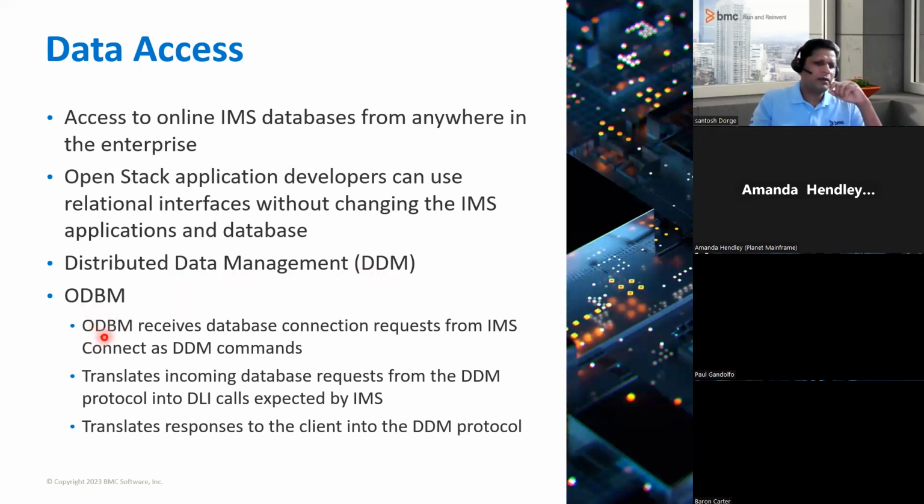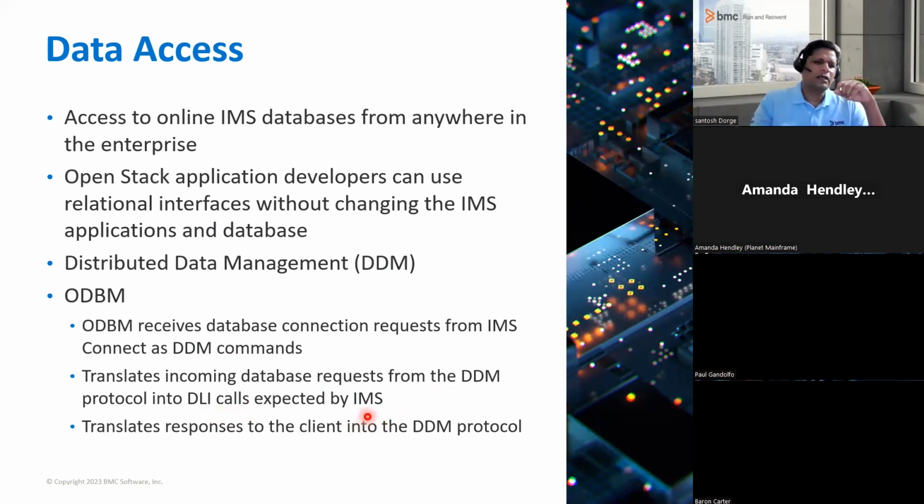And if I have to speak about ODBM, ODBM receives the database connection request from the IMS Connect as DDM commands, then translates the incoming database request from the DDM protocol into the DLI calls expected by IMS. IMS does not understand the DDM protocols, so it has to be converted to the DLI protocols, and that's what ODBM does for the IMS.